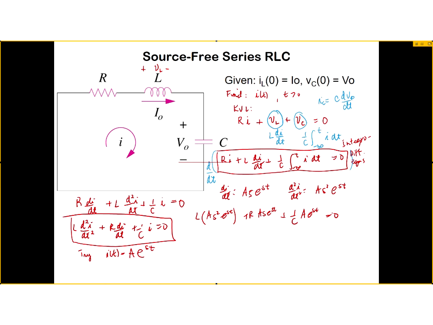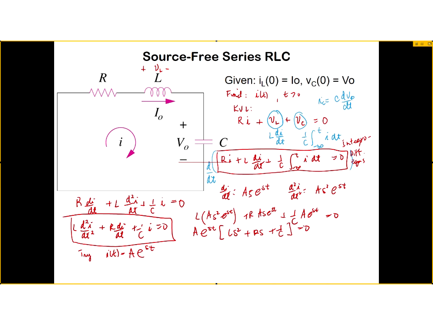So, when you're solving an equation equal to 0, what do you do according to algebra? Factor the greatest common factor first, right? So, what's the greatest common factor? Okay, so the greatest common factor is a e to the st. So, the first part will give me Ls squared plus Rs plus 1 over C is equal to 0. Okay? And then, according to algebra, you equate each factor to 0, right?